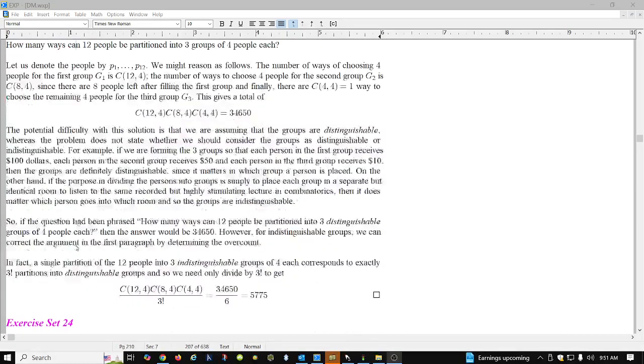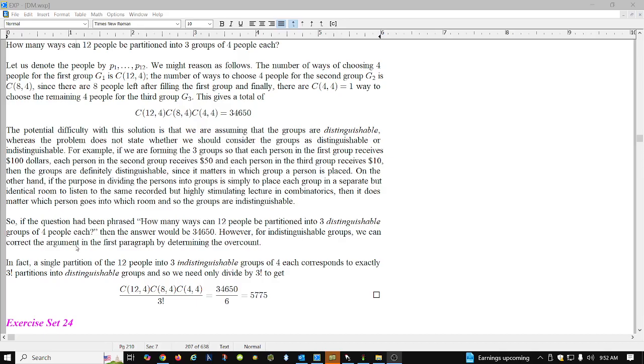If the question had been, how many ways can 12 people be partitioned into 3 distinguishable groups of 4 people each, then the answer is, as we said, 34,650. Group 1 is distinguishable from group 2 and 3.